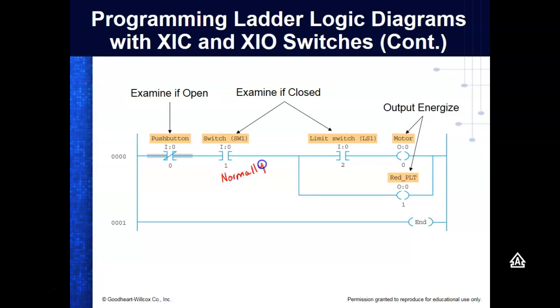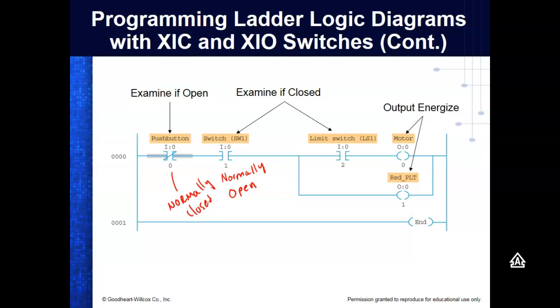In motor controls, we refer to this as a normally open, and we refer to this as a normally closed. In PLCs, these are called examine if open and examine if closed.